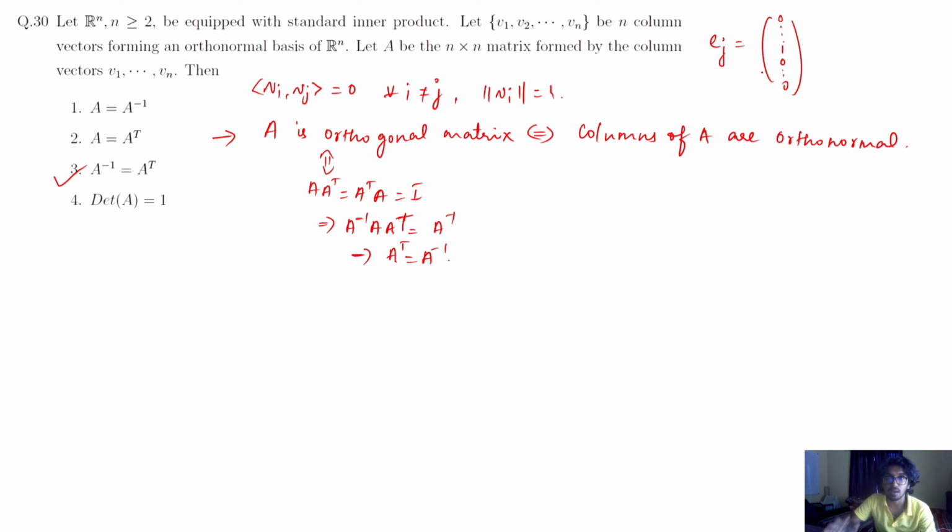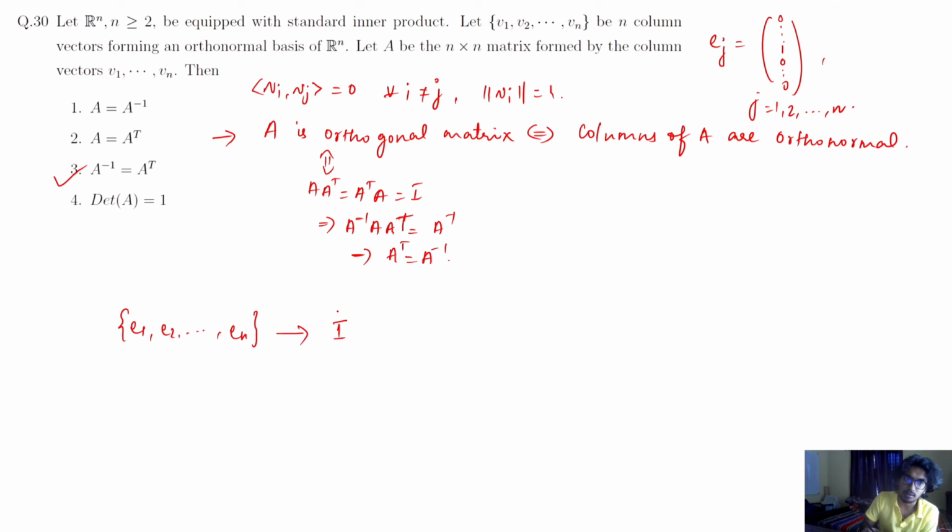Yes, I agree that this collection with j running from 1 to n is an orthonormal basis, but it is not necessary that you consider it in the order e1, e2 only. If you consider it in this order e1, e2 till en, then the matrix that you form out of these would be the identity matrix.